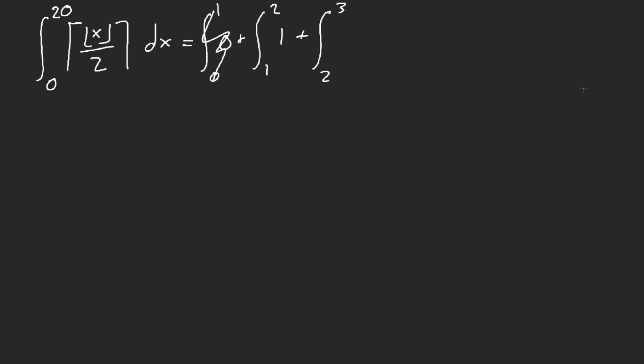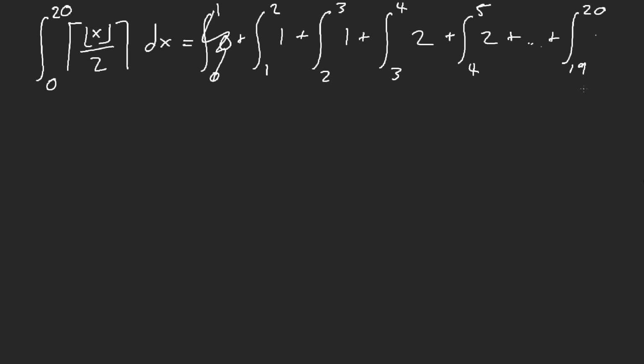From 2 to 3, I get 2 here, just 1, right? 3 to 4, I get 3 here, but then it's 2, because the ceiling function of 3/2 is 2, right? And then you keep going, 4, 2, etc. And then you keep going all the way up to 19 to 20.